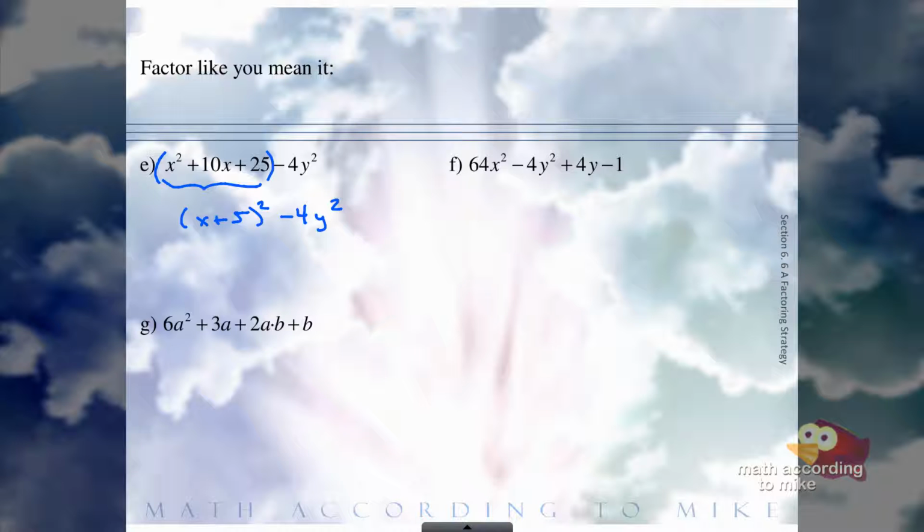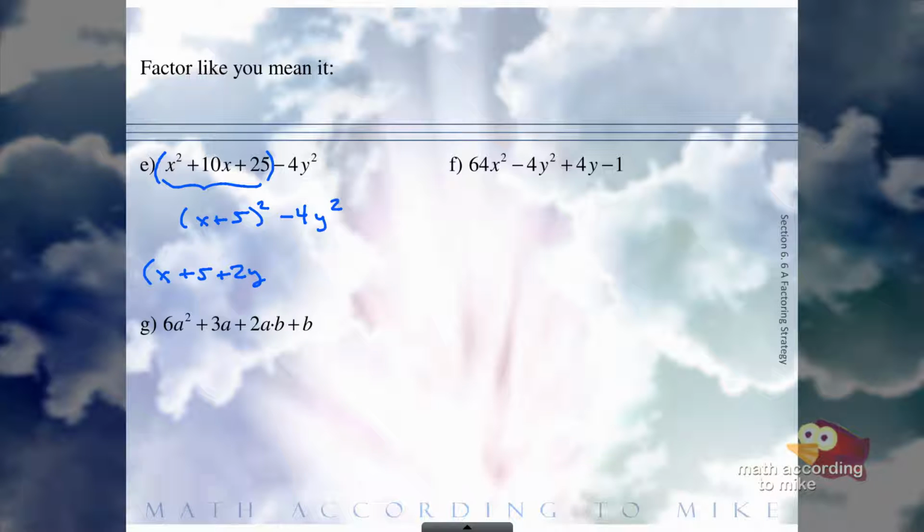So now we only have 2 terms. The first one is (x plus 5) squared, and the second term is 4y squared. Well, we have a difference of 2 squares. So this factors yet again as (a plus b)(a minus b), where a is x plus 5 and b is 2y.